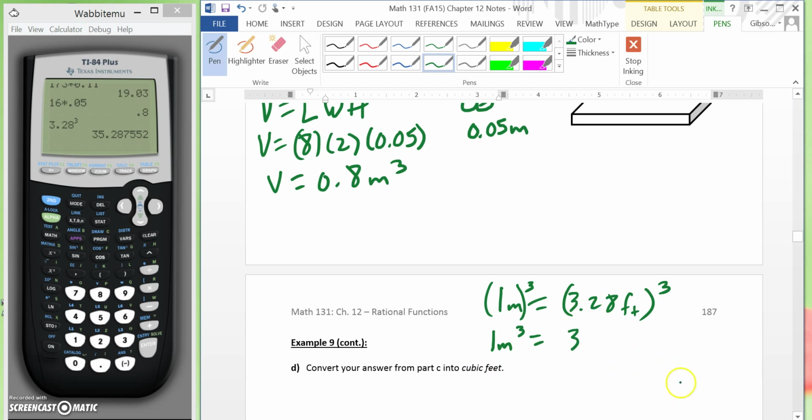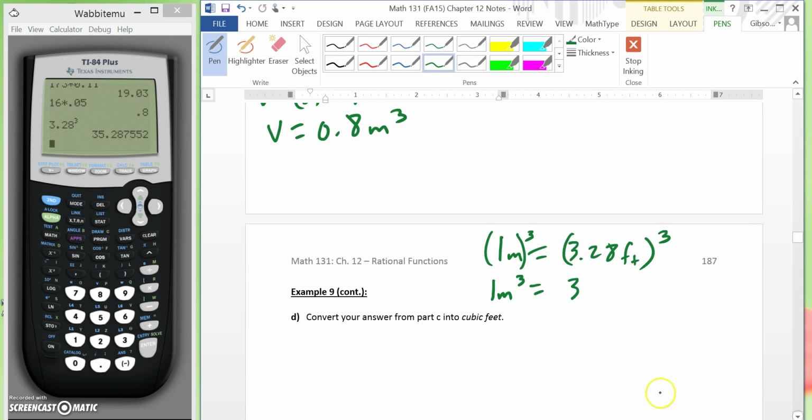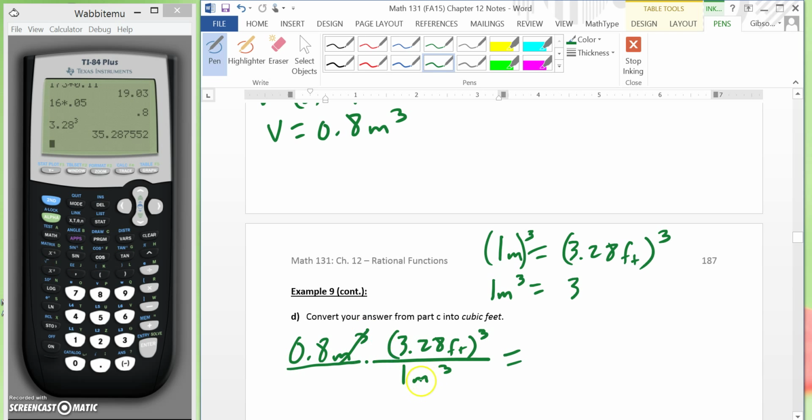Well, actually, they asked us to write this as cubic feet. So this is what we would do. We would have our 0.8 meters cubed multiplied by, 1 cubic meter is the same as 3.28 feet cubed. So now, we would simplify out the meters cubed. We put this over 1.